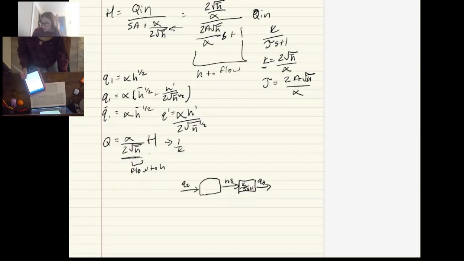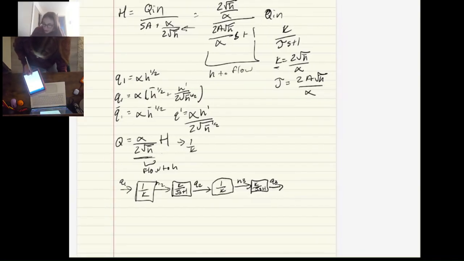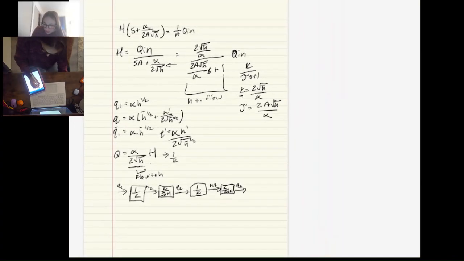And so now we're going from a flow to a height, so we're going to need 1 over K. And then let's say we want to find Q2, we're going to be doing H2, and then going from a height to a flow, so we're going to be doing K over tau S plus 1, and then to get that, we are going to have our Q1. Our Q1 is going to be 1 theta, right? And then let's move this over even more until we finish it.